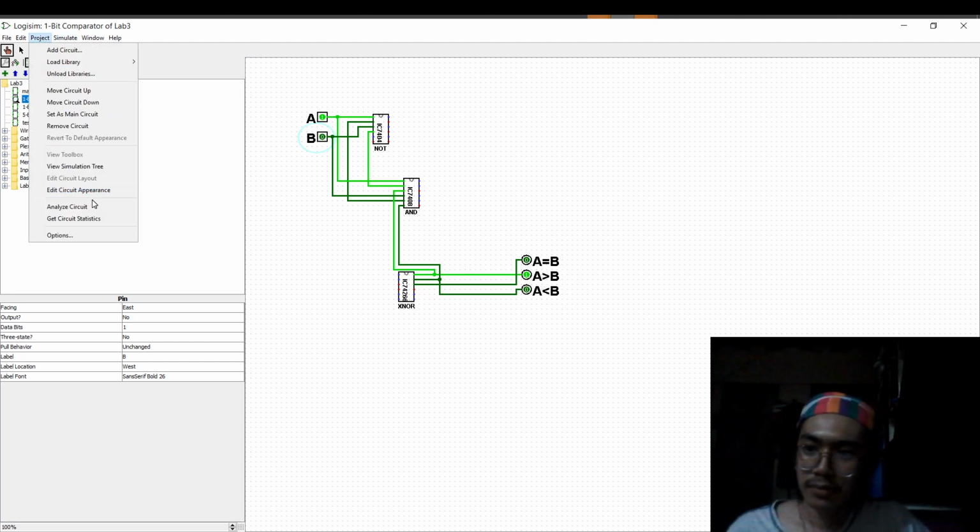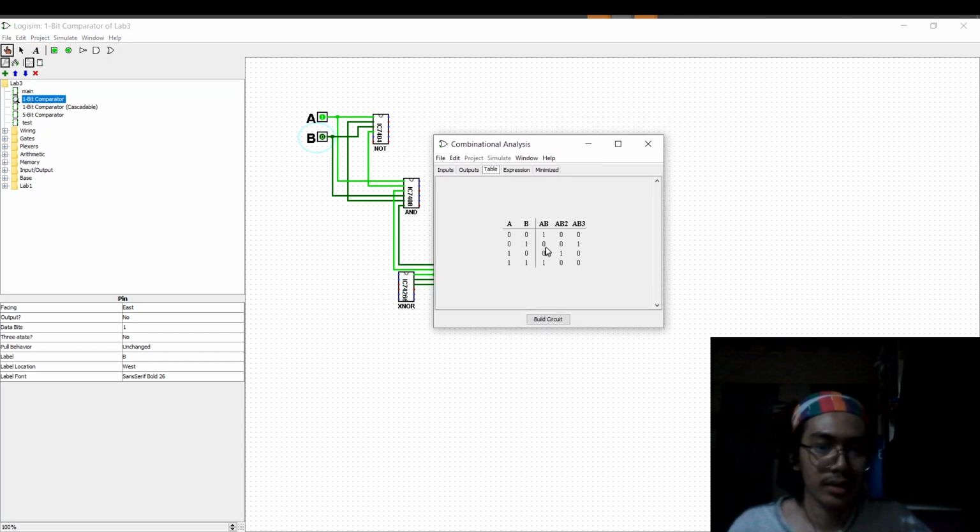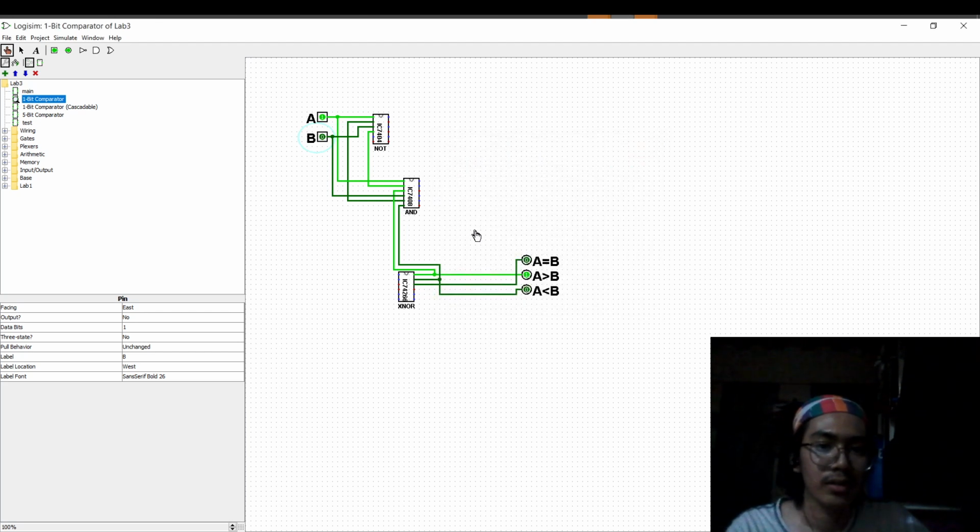If we look at the truth table of this circuit, it holds true. A equals B is for 0, 0 and 1, 1. A is greater than B is for 1, 0, and A is less than B is for the case of 0, 1. So this is actually the same as the truth table before.